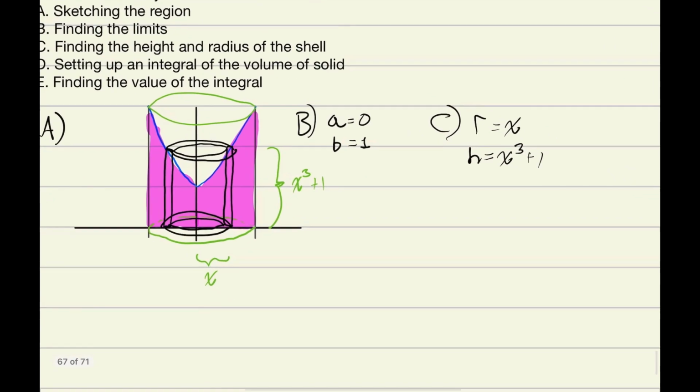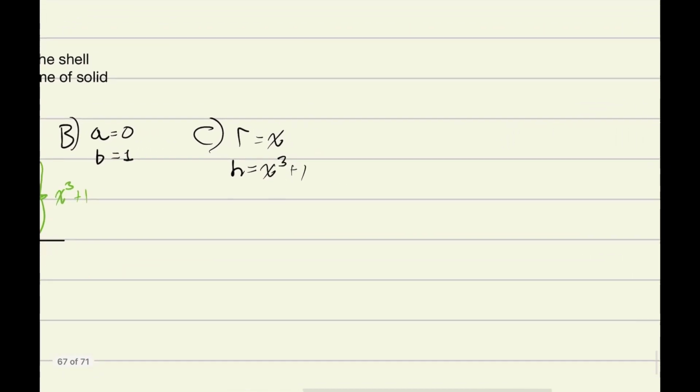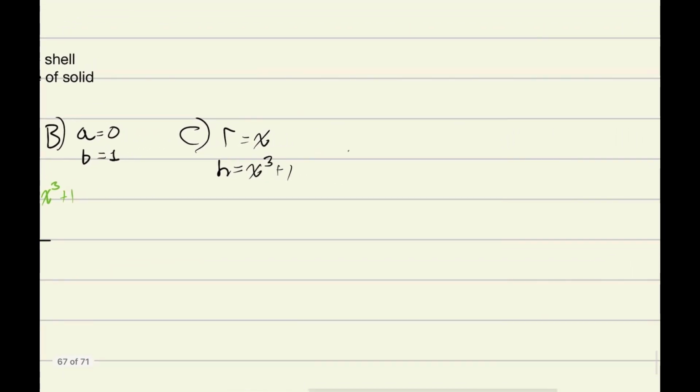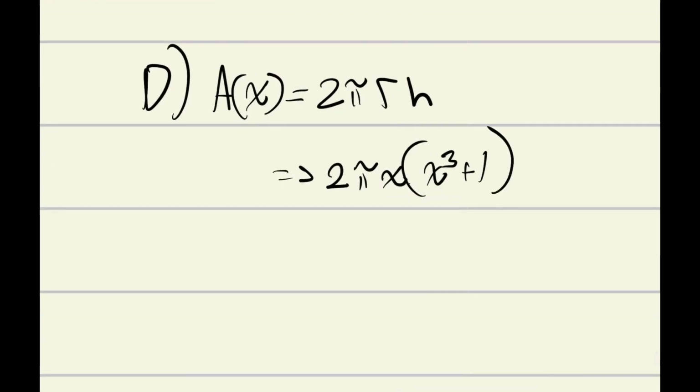Now, we can set up the integral of the volume of the solid, and to do that, we need to find the area formula, which is A of x, which equals 2 pi r times h. So, that's 2 pi x times x cubed plus 1. And when we solve for that, we would get 2 pi x to the fourth plus 2 pi x.